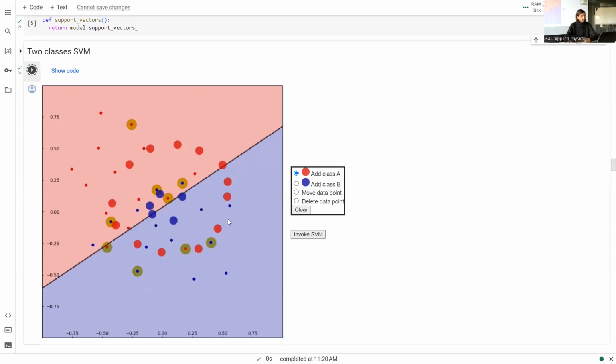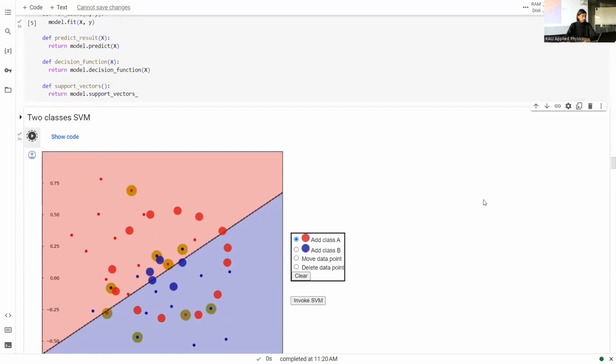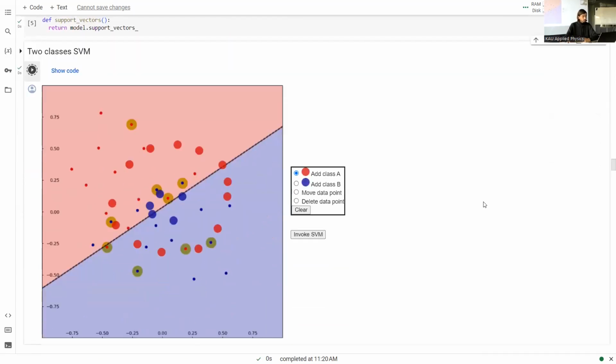So we cannot separate that with a line. So let me wait until the support vector machine trains and shows us some result. That should be some really bad result, or maybe it even will not be able to train. Let's check that.